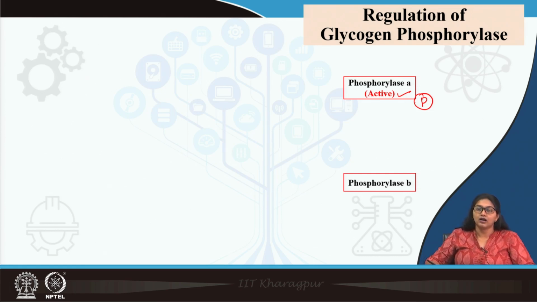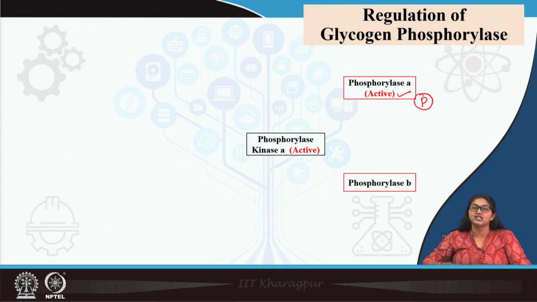Now, how is this activated form formed? Definitely by phosphorylation with an enzyme having phosphorylation function, so the enzyme is some kinase. That kinase is phosphorylase kinase.